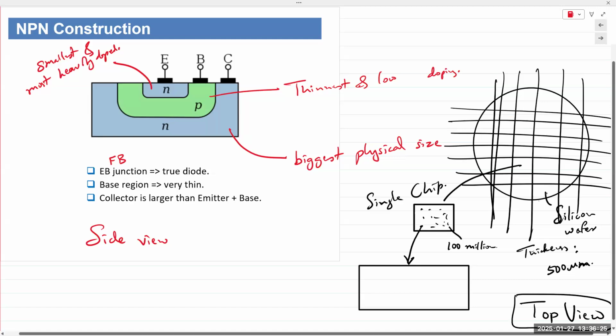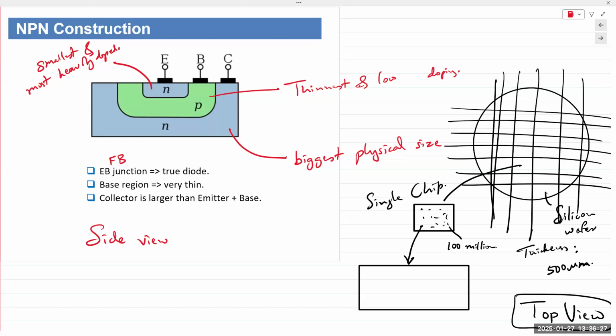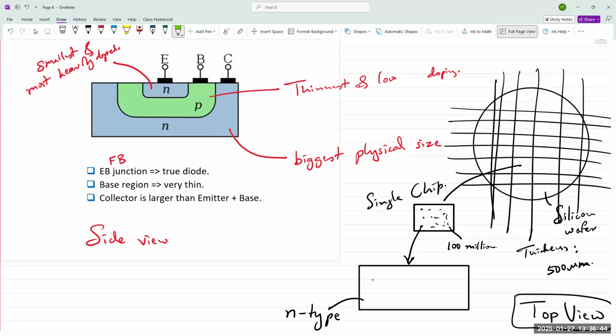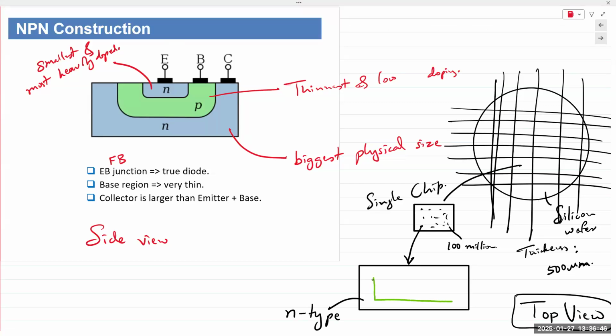So if we are talking about an NPN transistor, we would say we have an N-type silicon wafer. Looking at it from the top, we create a small opening in our N-type wafer. Okay, and then we implant or introduce P-type material in there. So looking at it from the top, you have an N-type silicon wafer.